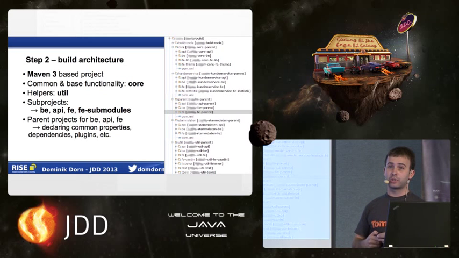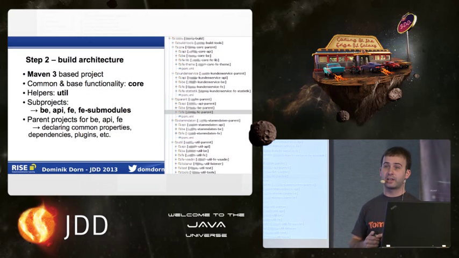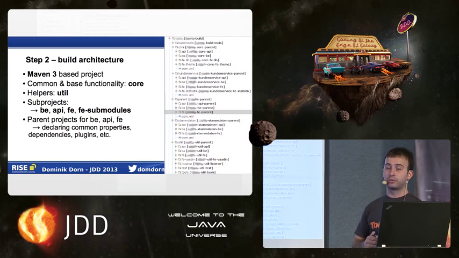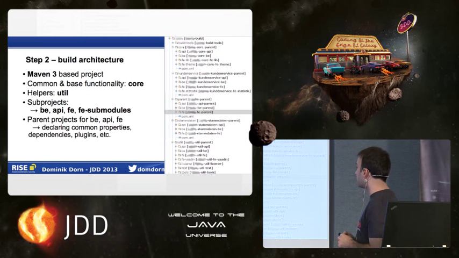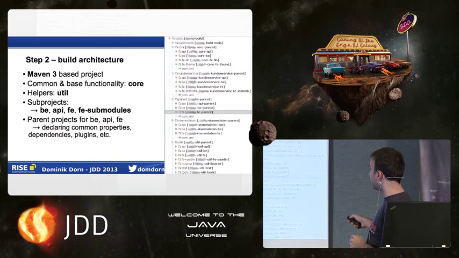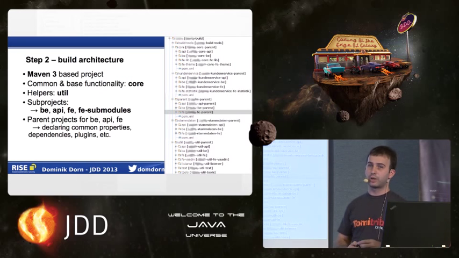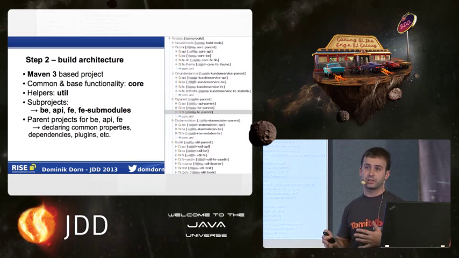Then we have two submodules for the backend. In one submodule, we define the API of the backend, and in the second submodule, we have the implementation of the backend. All these submodules have a parent module where we define common properties and helper stuff like configuration of TomEE or OpenWebBeans and OpenJPA and stuff like that.